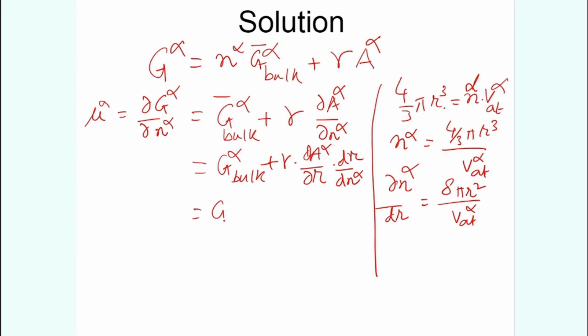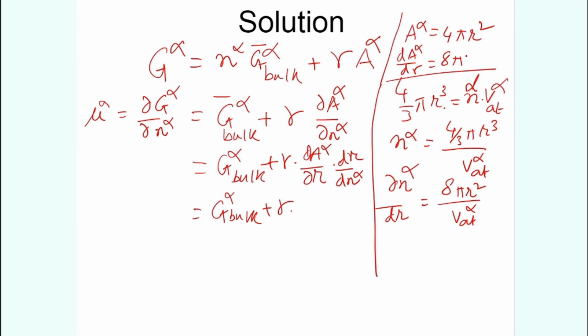So this can be written gamma. What is dA alpha? For a sphere, A alpha is 4 pi r square. So what is dA alpha by dr? And what is this? dr by dn alpha, that is the opposite of this term, dn alpha by dr.